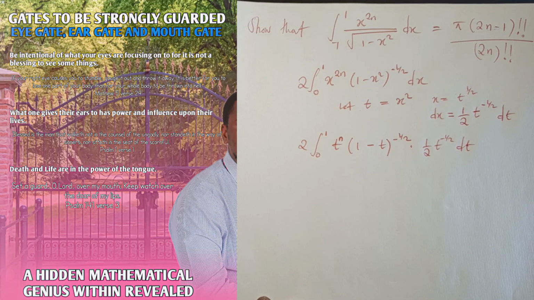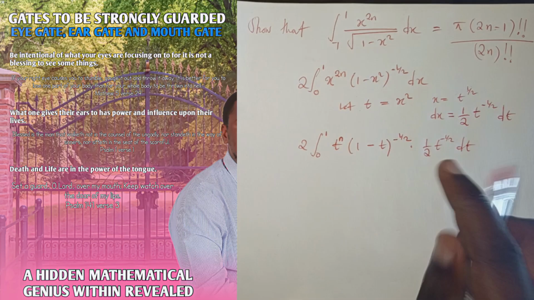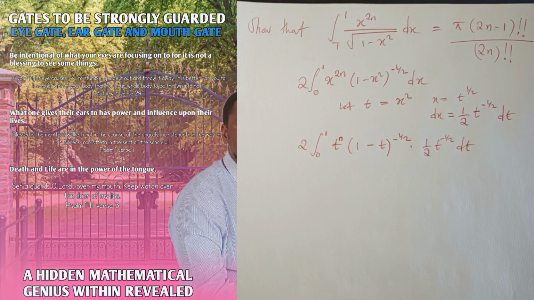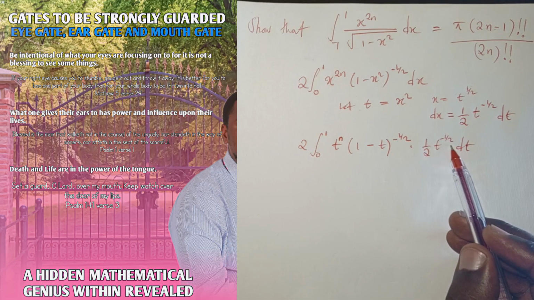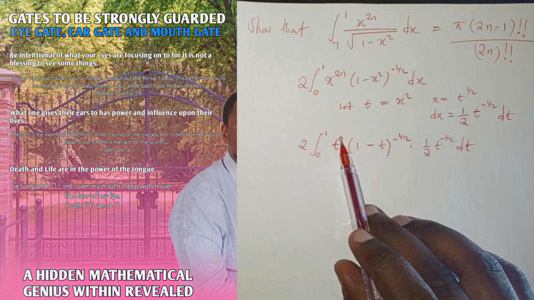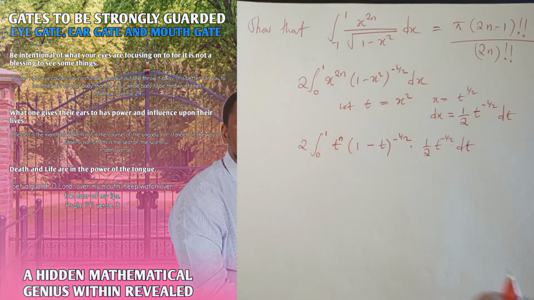Okay, so first thing, we need to divide out the constants. So the constant here is 1 over 2. That 1 over 2 multiplied by 2, you get a 1. So the constants are cancelled. Okay, then here we have t to the power n, and here we have t to the power minus 1 over 2. So that's a matter of adding the powers. So this will be t to the power n minus 1 over 2.